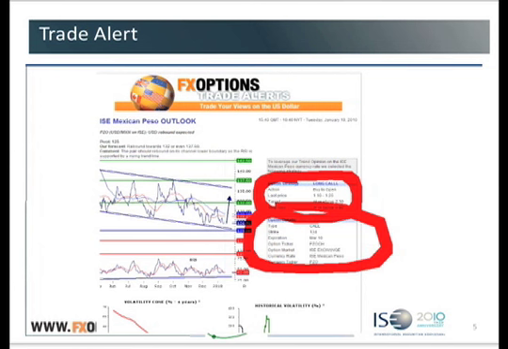I need to insist on one thing regarding trade alerts from Trading Central on FX options. It's very important to trade all our recommendations, as it's almost impossible to have 100% winning trades. The strength of this service is the control of risk.